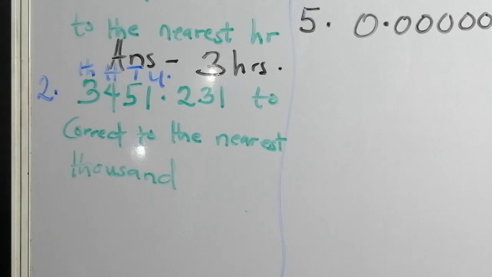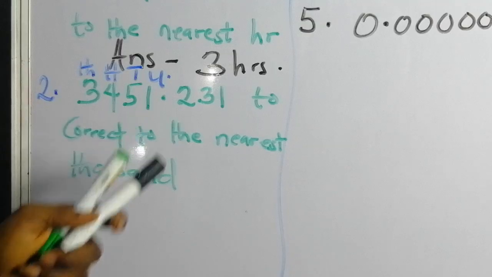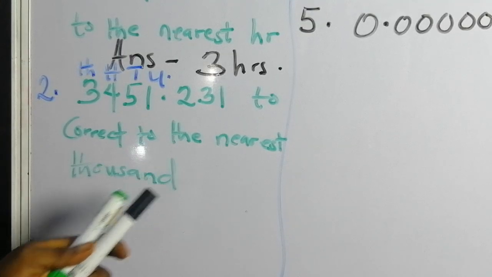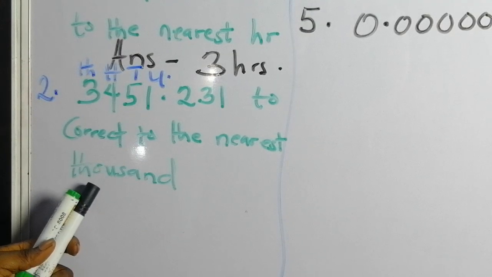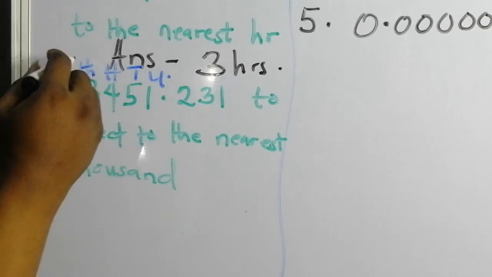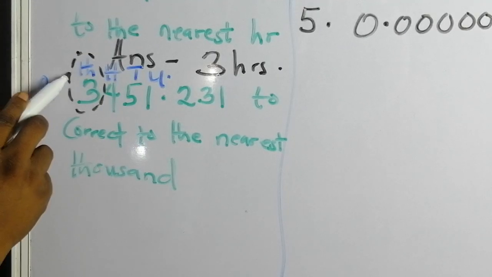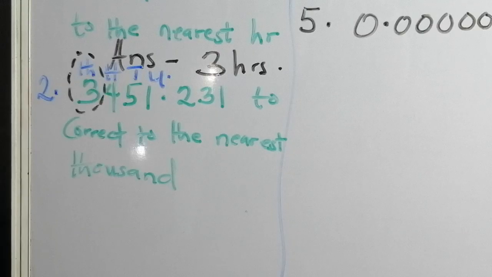Now they ask you in this question, 3451.231 correct to the nearest thousand. All you just need to do is locate your thousand. You can see that from here, 3 is your thousand. Thousand, hundred, tens, units.